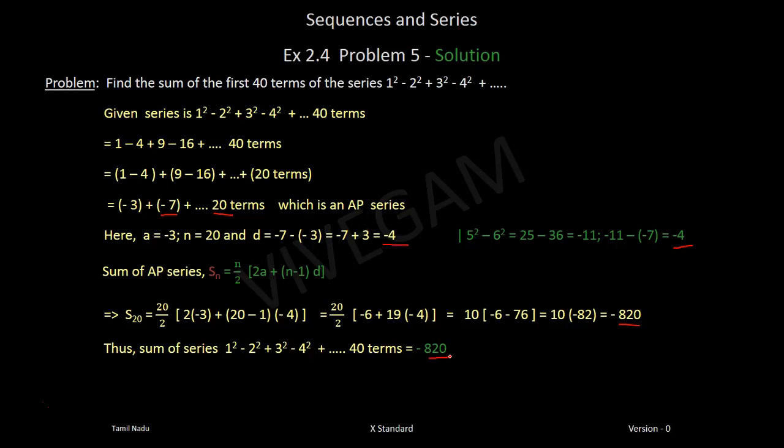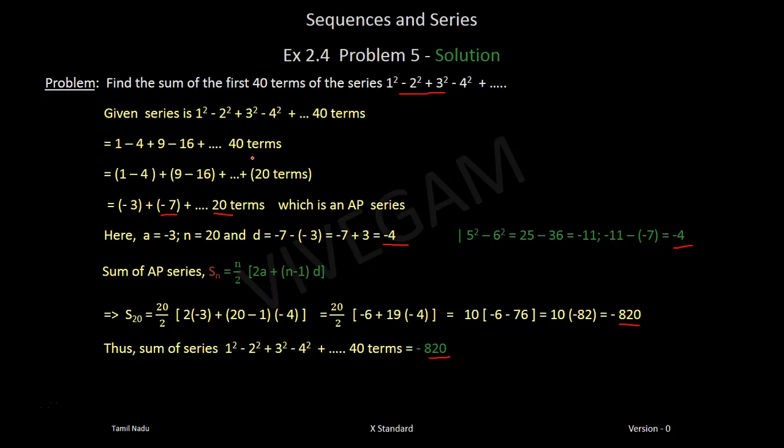The key difference in this problem is that they have not given you the arithmetic series directly, they have given it indirectly. So you have to manipulate the series to make it an arithmetic one. How did you manipulate it? You group these two numbers together. 1 square minus 2 square, you found that value. Similarly, 3 square minus 4 square, you found that value and converted into an AP series, and then it is a simple straightforward problem of substitution.